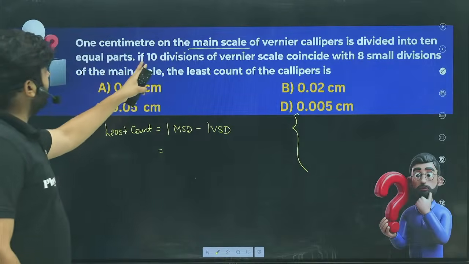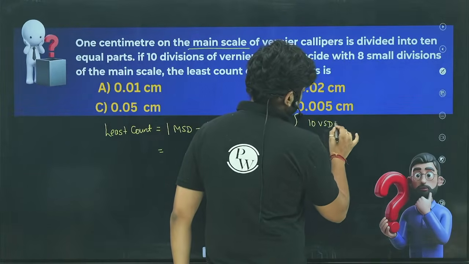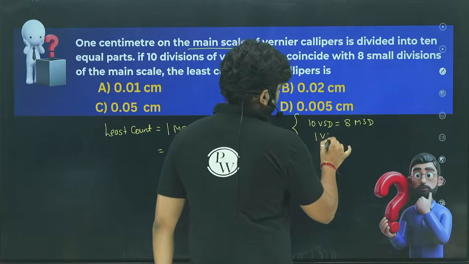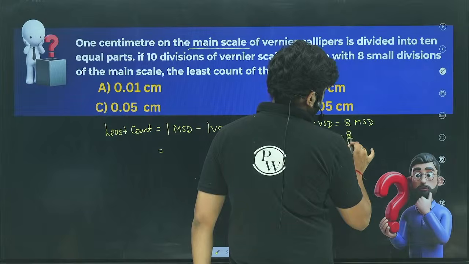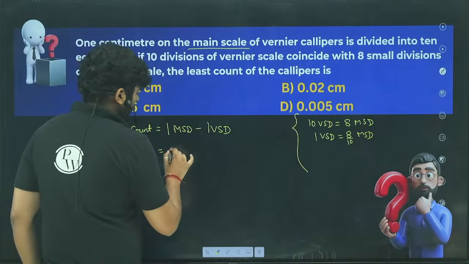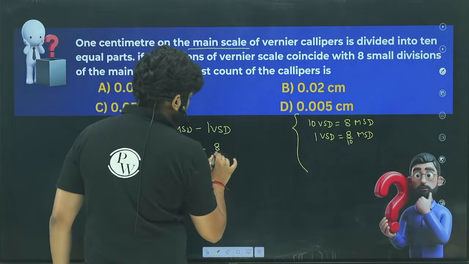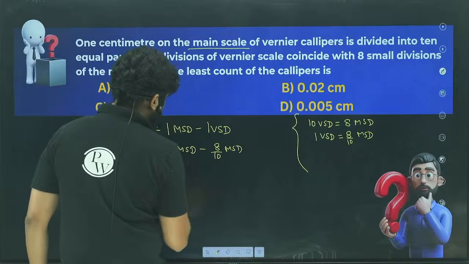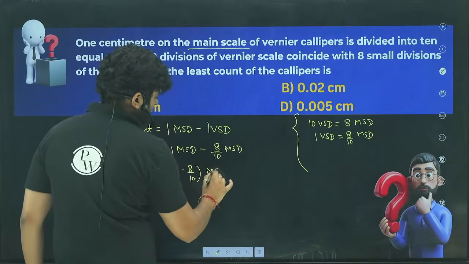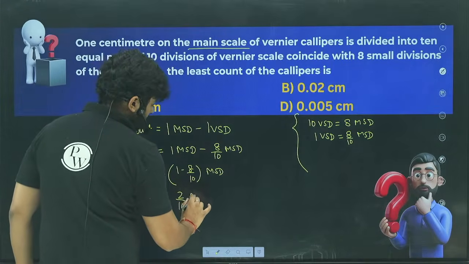It is written that 10 Vernier scale divisions are equal to 8 main scale divisions, so one Vernier scale division is 8 by 10 of a main scale division. Just subtract it: 1 minus 8 upon 10 main scale divisions, so it is 2 upon 10 into main scale division.